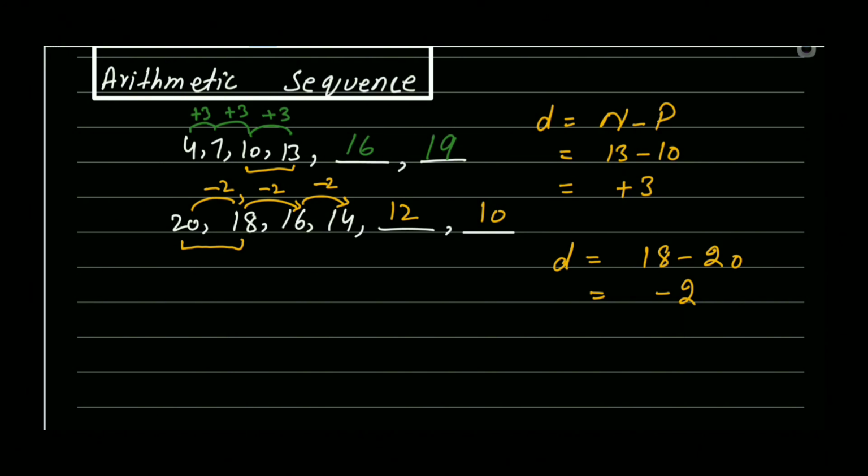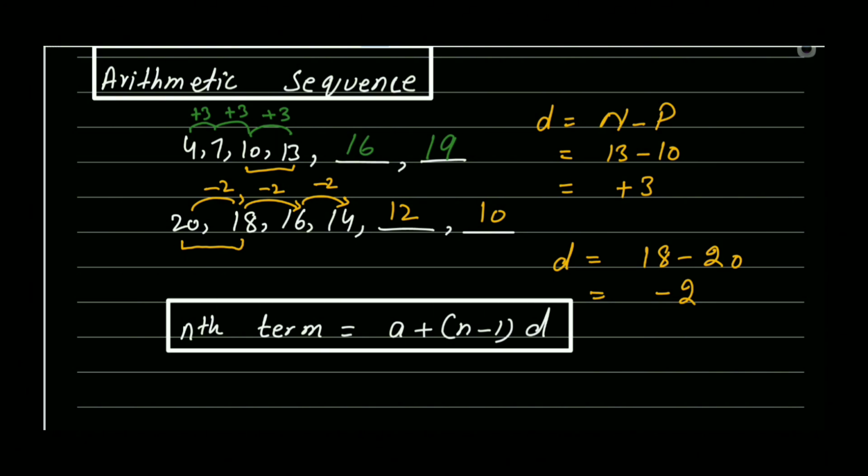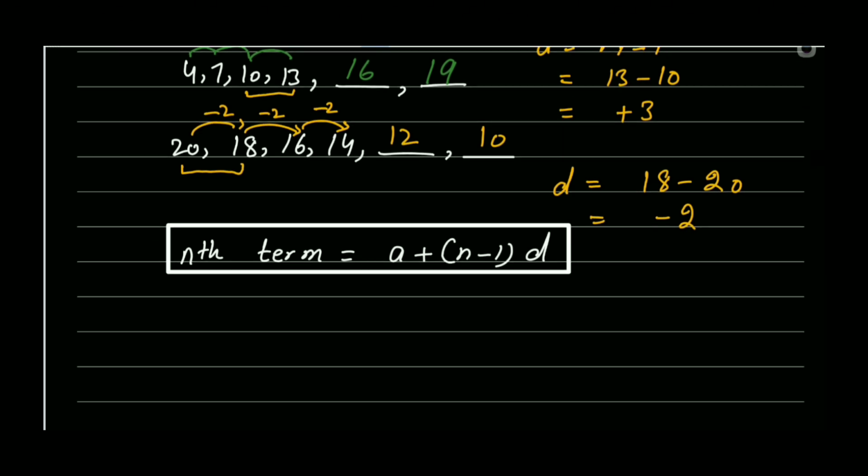So what is the formula for the nth term of the arithmetic sequence? How do we find the nth term of the arithmetic sequence? Nth term is equal to a plus n minus 1 into d. So what is a here?